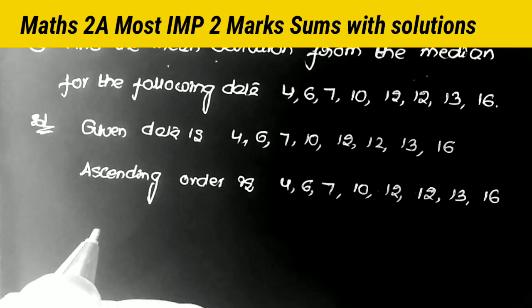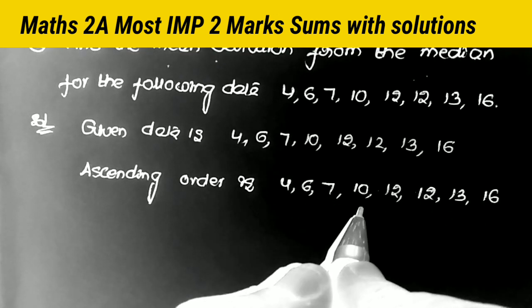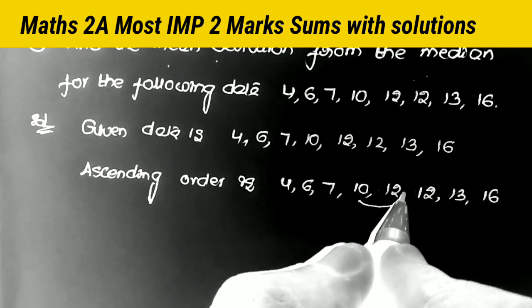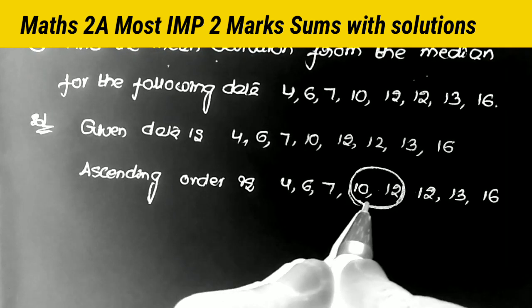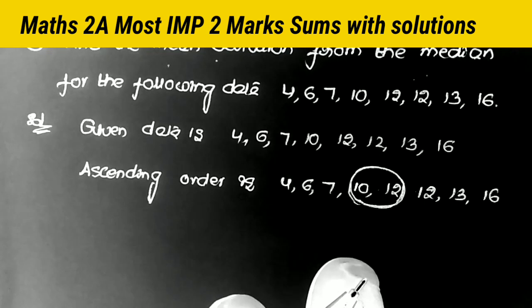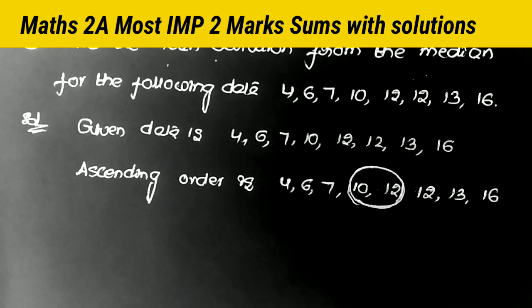Median is nothing but the mid value of the given observations. But here we have two mid values. When we have two mid values, we simply take the average of the two mid values. When we have only one mid value, that value itself is the median.